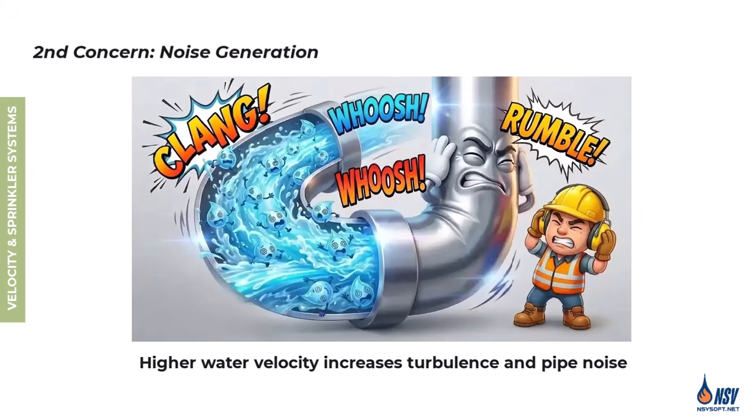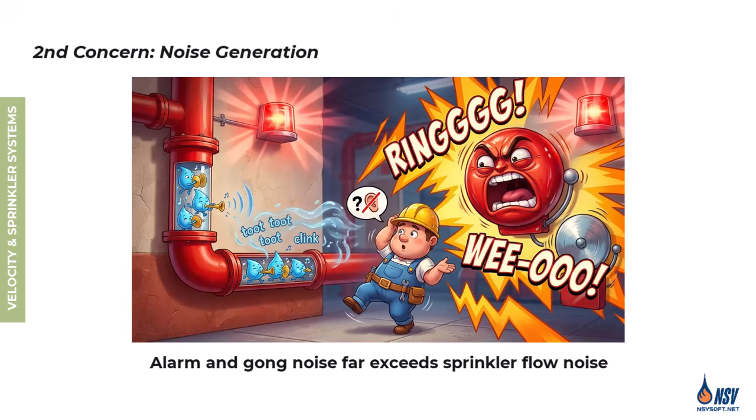As water velocity increases, turbulence within the pipe also increases, particularly at fittings such as elbows, tees, and valves. This turbulence can generate noticeable noise in piping systems. In fire sprinkler systems, however, this issue is generally insignificant.